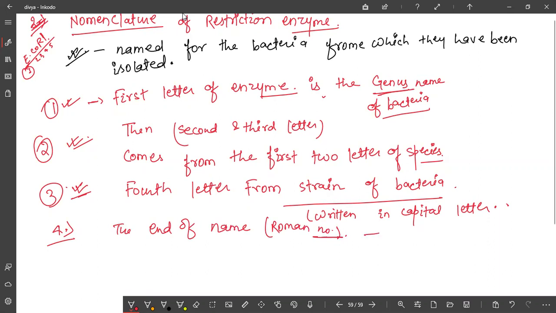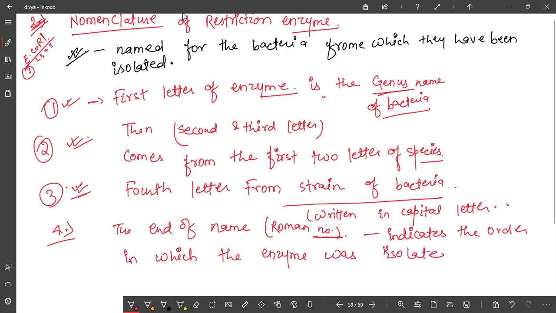This indicates the order in which the enzyme was isolated. Deepika, I will explain this. Take a break of 5 minutes.